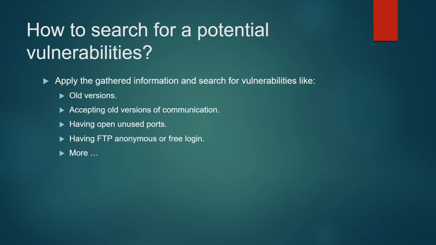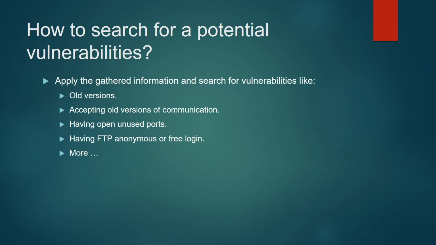So now let's talk about how to search for potential vulnerabilities or weak spots. So basically, when you gather all the information you can with all the tools we've mentioned, now it's time to actually collect that information, analyze it, and see can we use something from that information. Is there something valuable there, or is everything there not going to do the work for us?